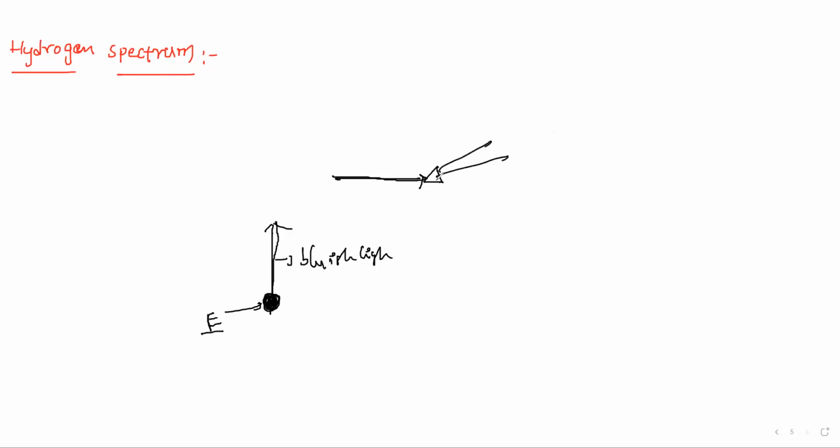Several lines we will get from this, and that is called the hydrogen spectrum. The wavelengths of the spectrum lines, some are visible, some are IR. That we are going to discuss.